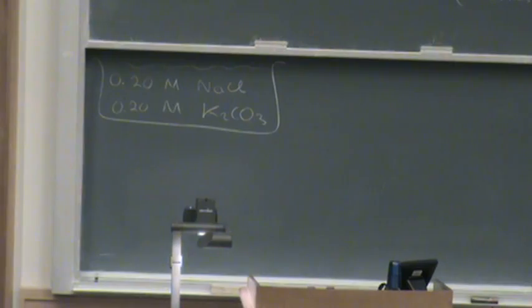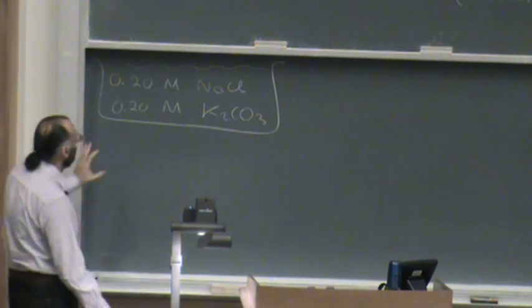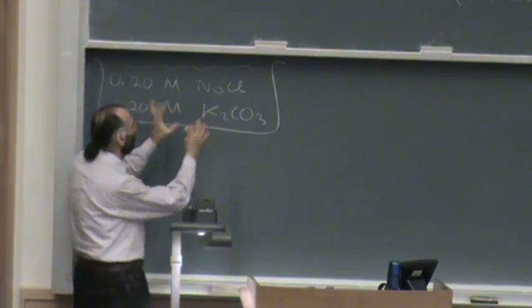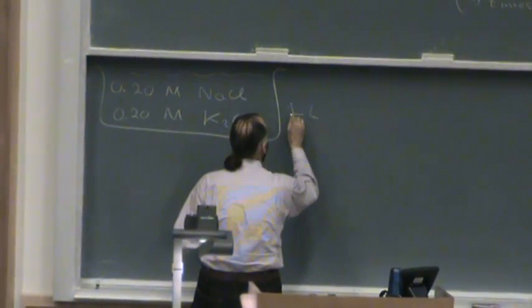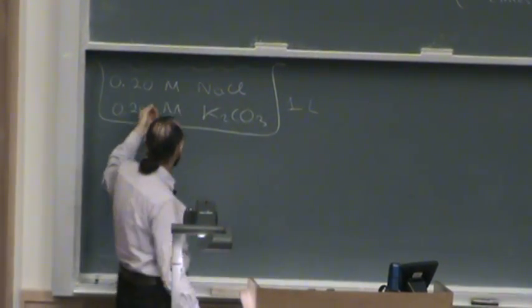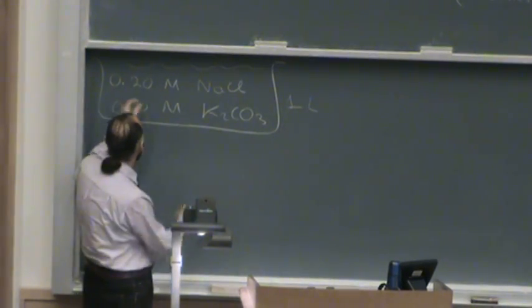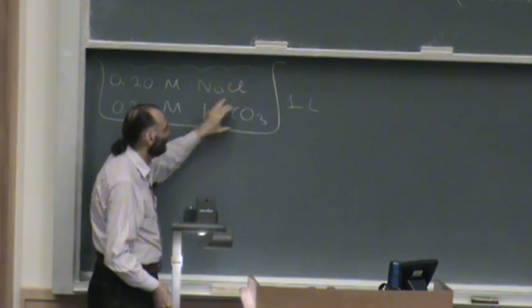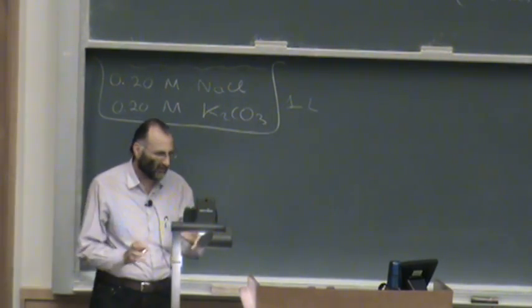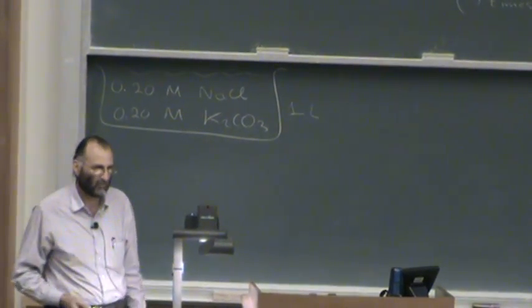Right? Okay, so let's assume it's 1 liter, make things easy, right? So let's say this is 1 liter and it has these things. So it's moles per liter. In this liter we have 0.20 moles of this and 0.20 moles of these formula units, right? Not molecules, formula units. That's what it would mean.